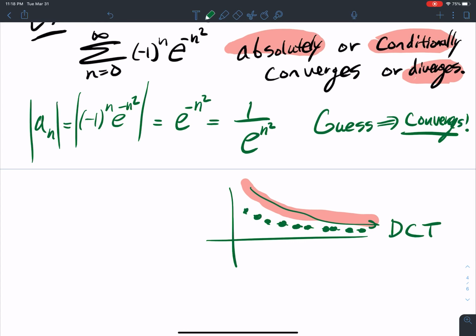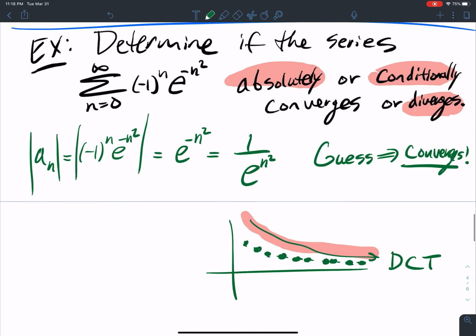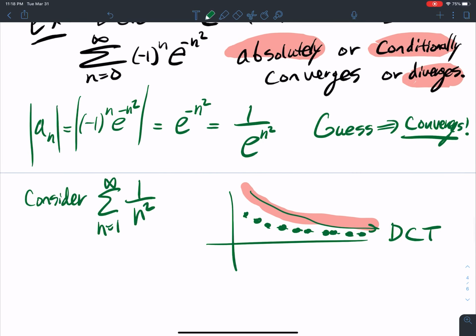Okay, so this one, maybe have to brush the dust off, right? So let's think about this. Something that we know converges that's bigger than 1 over e to the n squared. Well, maybe consider the series n equals 1 to infinity of 1 over n squared. Now, what do we know about this?